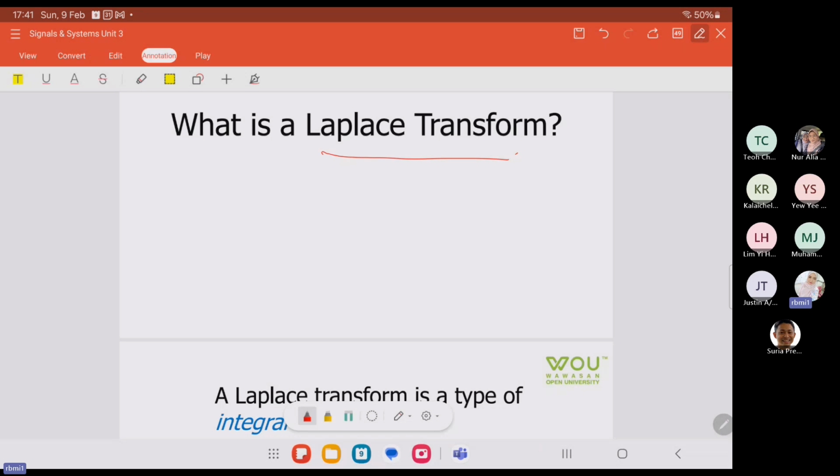How do we write the Laplace transform? It is a capital L. If we have the function in the time domain, we want to get the function in the frequency domain.